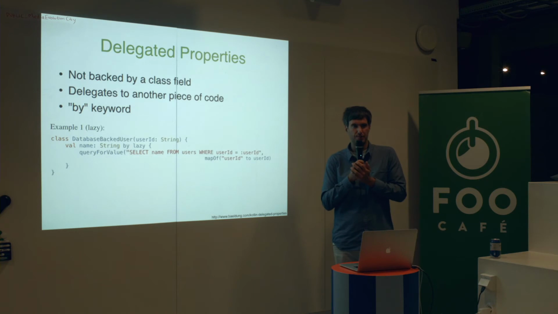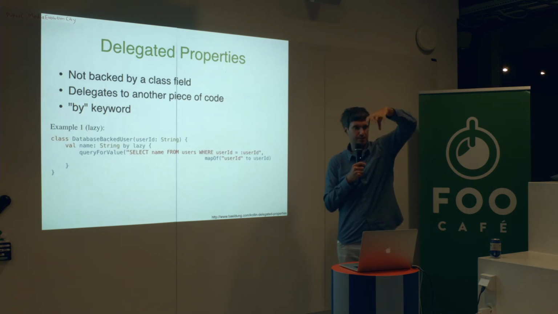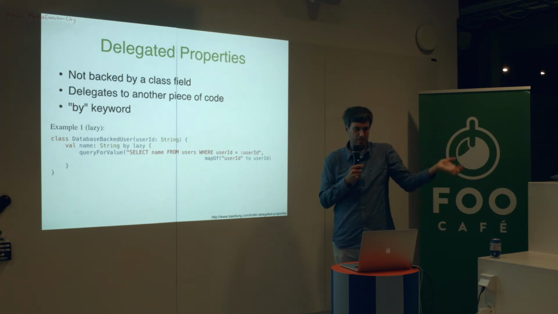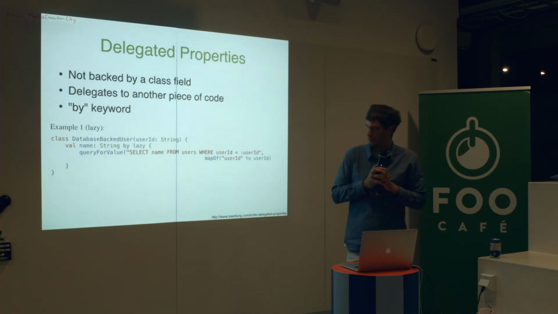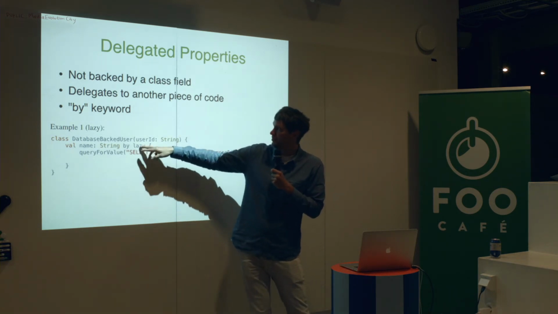Maybe you have some common piece of functionality in one class and you just want to access it, so you extend it. But that can lead to problems, because now you have an is-a relationship with this other class, and you don't want that relationship, at least not in my case. So delegated properties is a way to address these things.